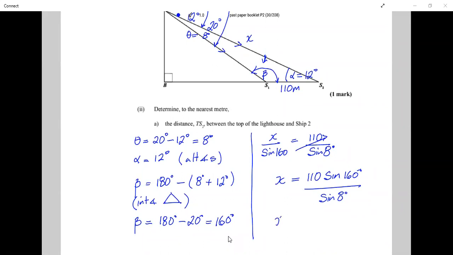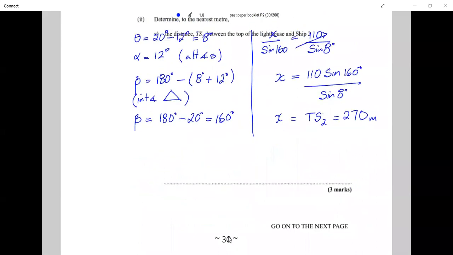So x, which is TS2, my calculator is saying 270 meters. And of course, that is to the nearest meter. It's actually 270.3, but they said they want the answer to the nearest meter. All right, so let's move on to finish the question.